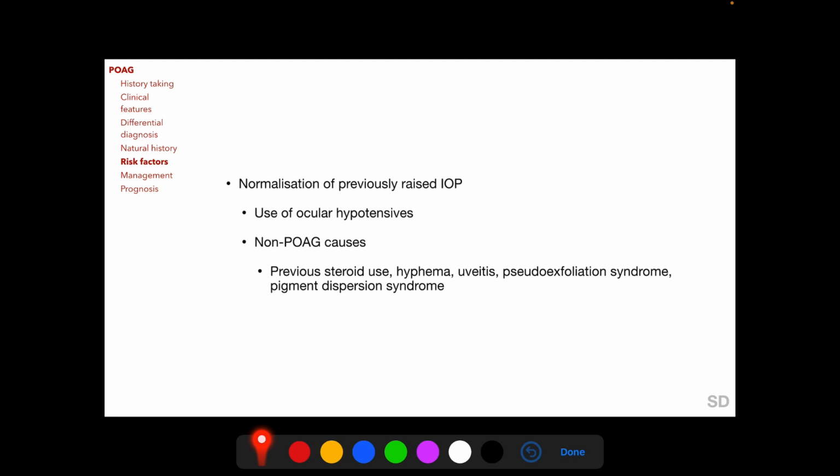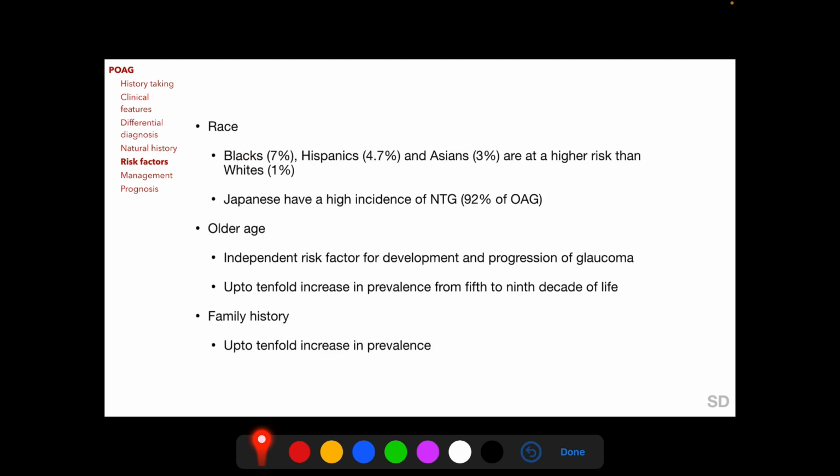We may also fail to detect raised intraocular pressure because of normalization of a previously raised intraocular pressure due to use of ocular hypotensives. And previously raised IOP can also be due to other causes which we have mentioned in differential diagnosis. Blacks, Hispanics, and Asians are said to be at a higher risk of primary open-angle glaucoma than whites, and Japanese have a particularly high incidence of normal tension glaucoma among open-angle glaucoma patients.